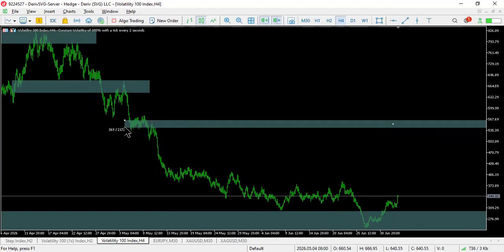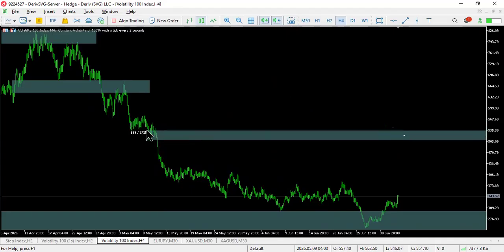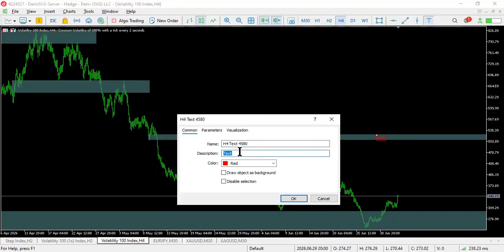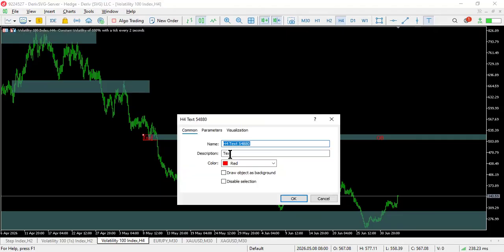From the 4 hours time frame, adjusting, we can see that we have an order block there that has been unmitigated. And then we have that break of structure right there.